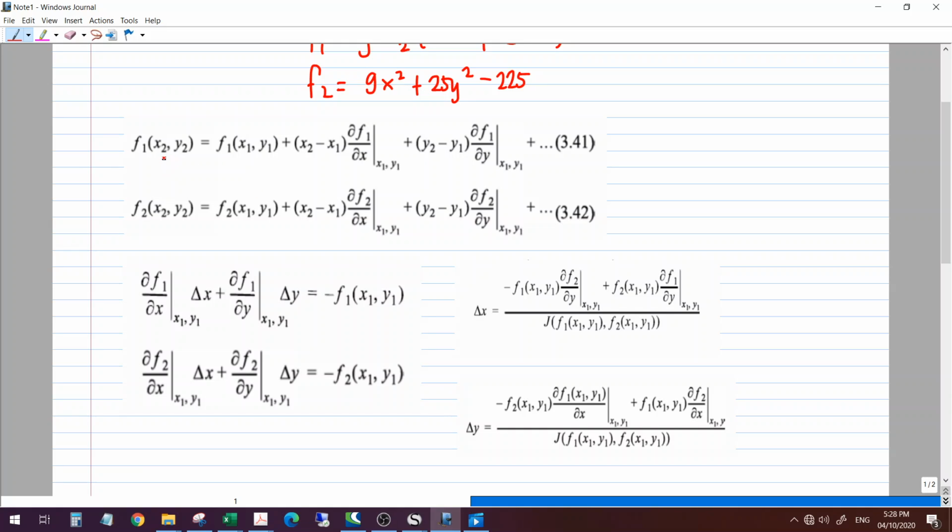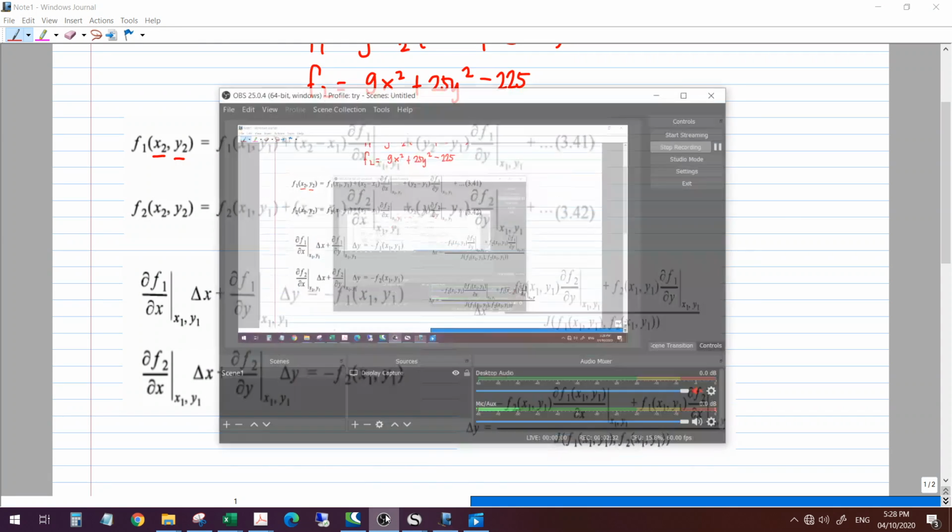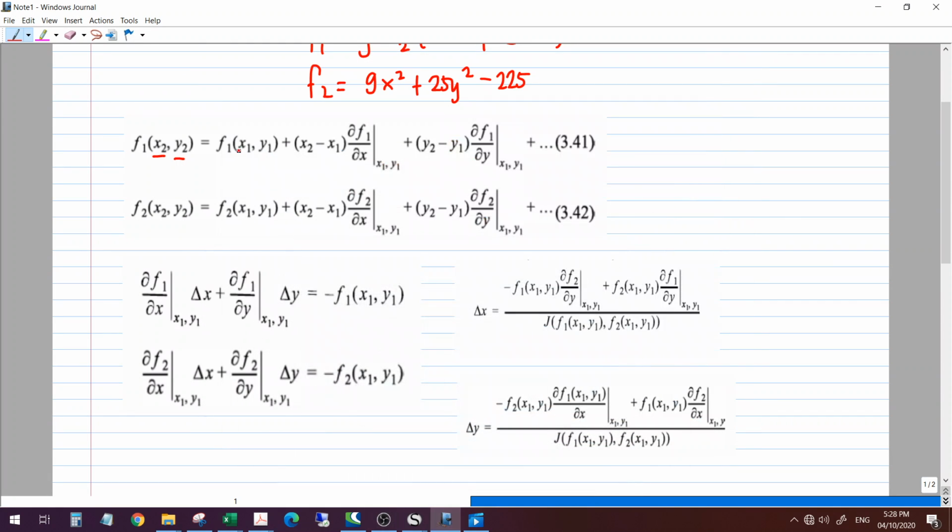Say our solution is x2 and y2. The idea of Taylor series expansion is that for that function near x1 and y1, we can express that function.